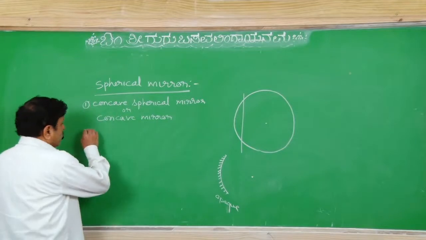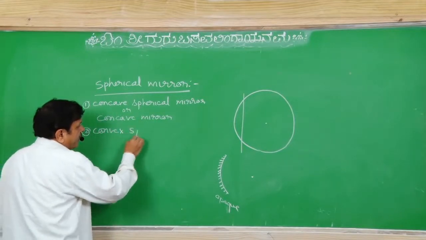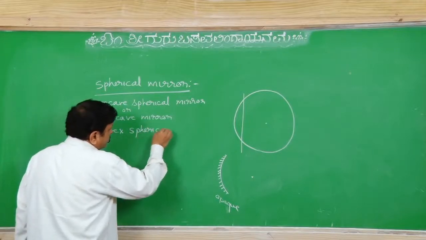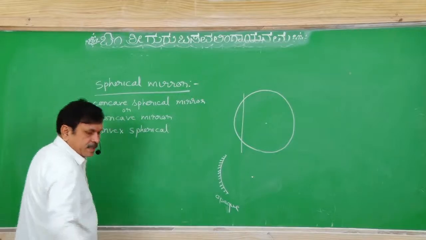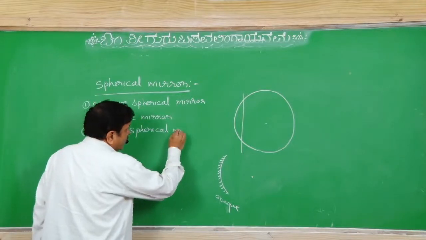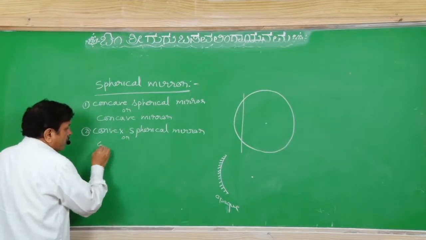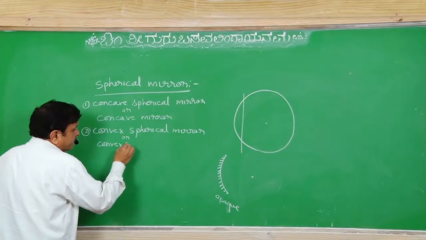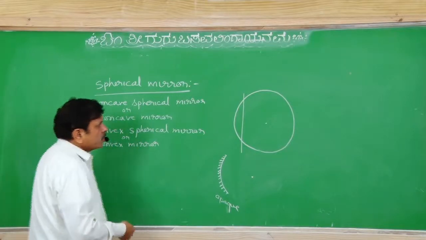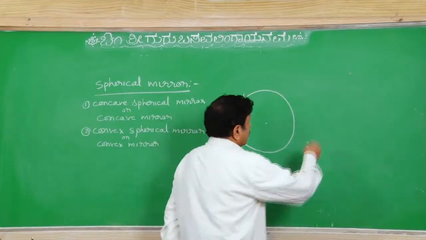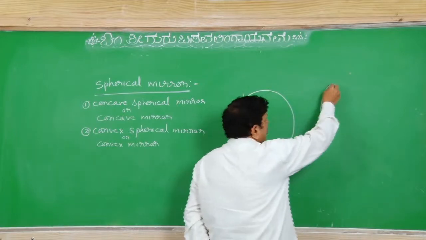On the other hand, say we want to go for the convex spherical mirror. It's also called a convex mirror. Now suppose the same part is taken here.